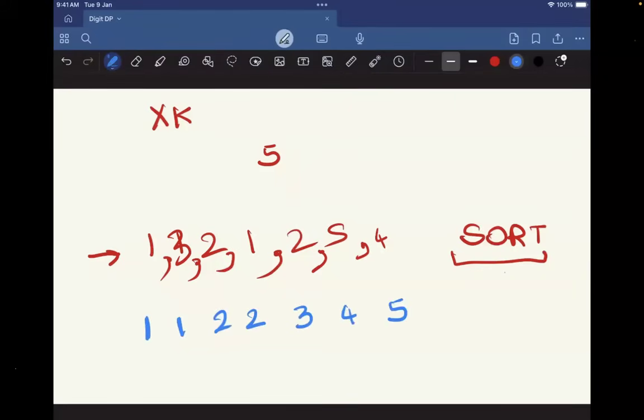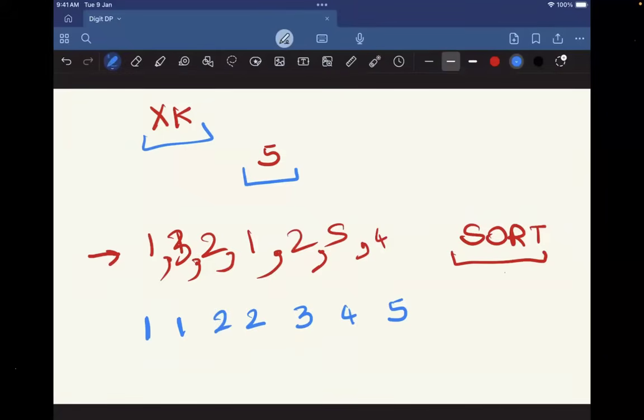Now, since there is no x into k operation, do you agree that when I kill a particular monster, my health becomes equal to the health of that monster? So I want my health to be as large as possible always.